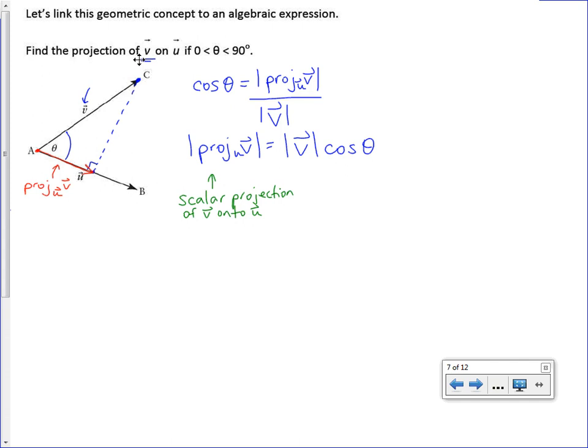Right now, I'm just going to get rid of the projection part. Vector U has its own magnitude and direction. Do we agree that the magnitude of U has no bearing on the length of the shadow? Who cares? The length of the shadow is all based on the size of vector V.